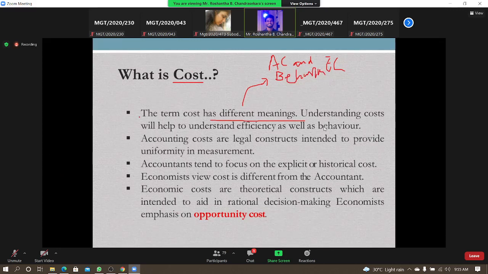Since we have to discuss accounting costs and economic costs, we'll continue from here in the next session. I'll again discuss what is meant by costs, and then we can finish this part in the next session, and hopefully we'll begin the long run part also.